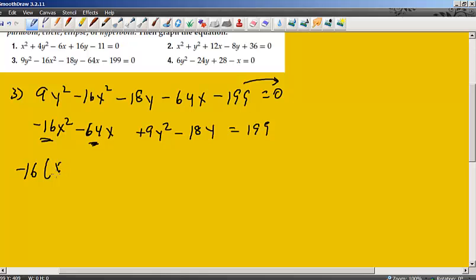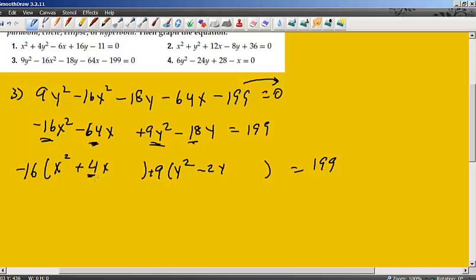So negative 16, and then I have x squared, then I have a plus 4x, and then I'm going to factor out 9 from both of these. I have plus 9, I got y squared minus 2y is equal to 199.